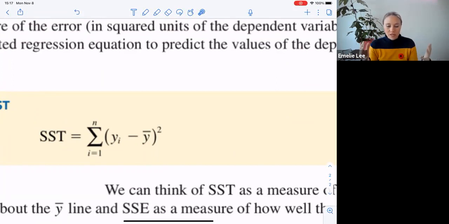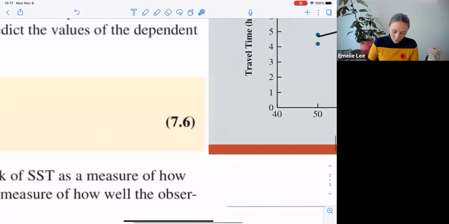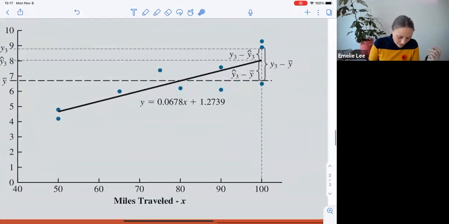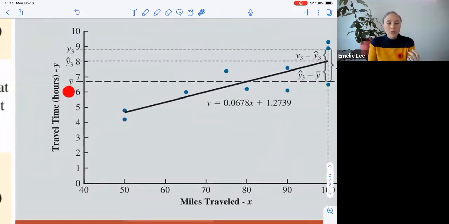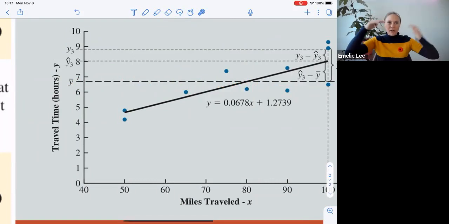Another measure of spread that we could consider is the typical one: how far away am I from the mean? That's a classic measure of spread, and we call that the SST, for total. What that would look like is that maybe you have some y bar here, which would just be a straight line. Now you basically do the same thing: you see how far all of these points are, but not from the regression line, from the mean. We can do that.